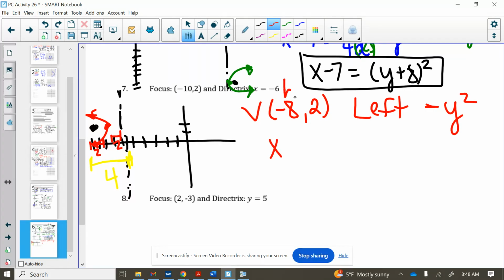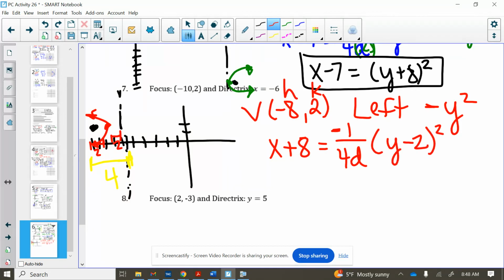So we have an h and a k value, so x minus -8 is x plus 8. 1 over 4d, we know it's going to end up facing leftward, so negative. And then y minus our k value, quantity squared.